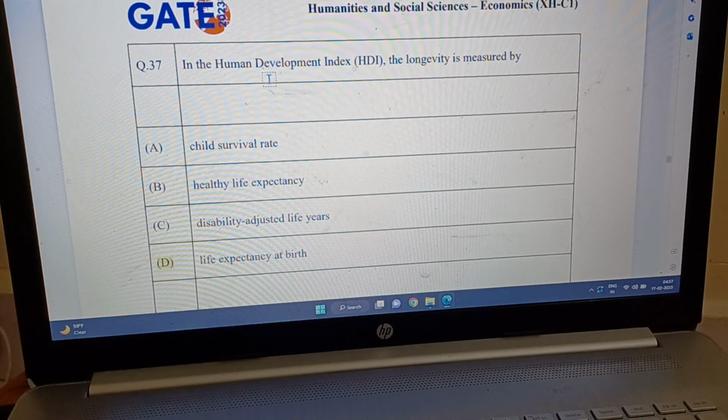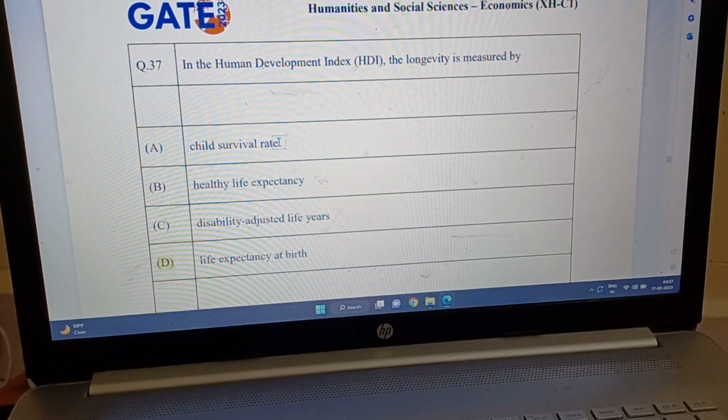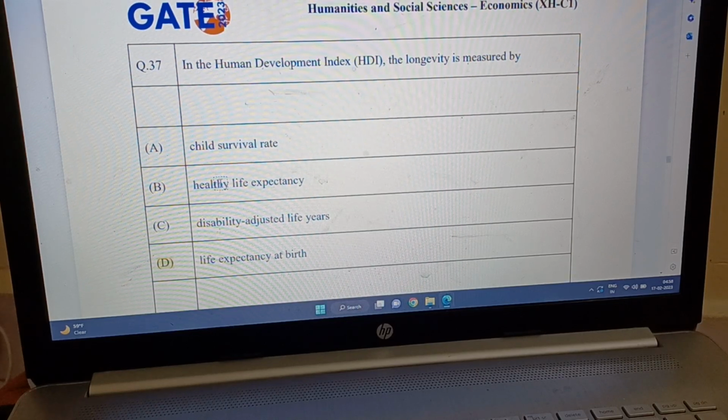Now, in the Human Development Index, longevity is measured by, I think you all know this, life expectancy at birth. So D is the correct answer, but child survival rate and infant mortality rate are not actually longevity. And healthy life expectancy is meant to confuse you. Life expectancy is only life expectancy, meaning how long we can live, whether we are healthy or unhealthy.